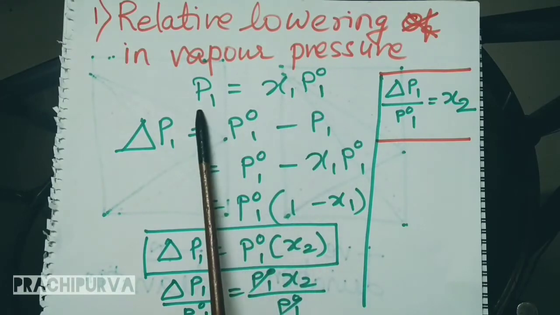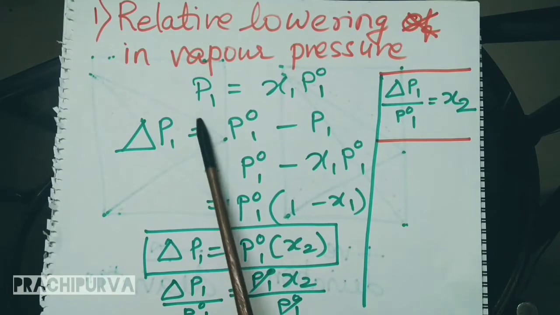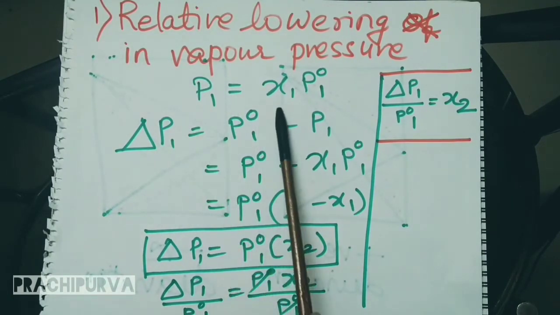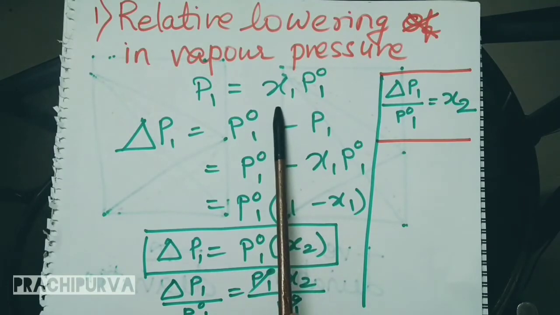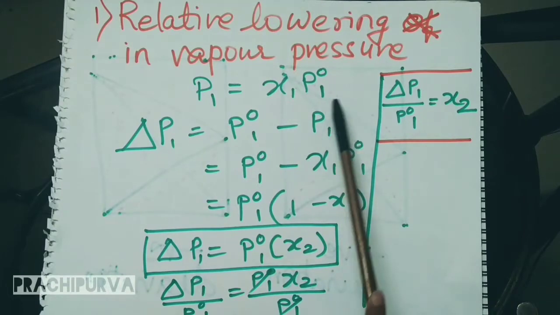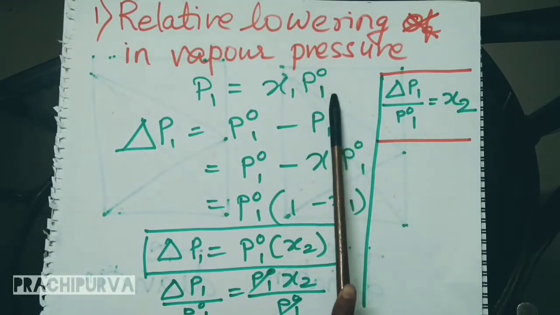So P1 will be the vapor pressure of the solution when I have added salt to it. I'm talking about this phase when water has salt in it. What is this? Mole fraction of water, mole fraction of solvent. Now 1 is always only about the solvent. What is P01? It is the pressure of the solvent when it is pure.